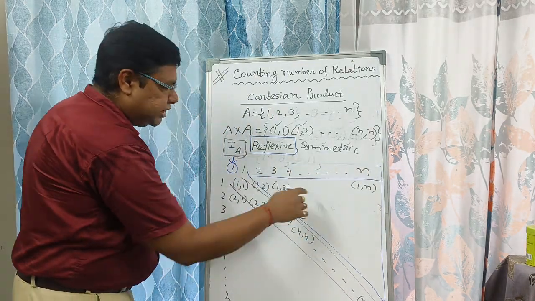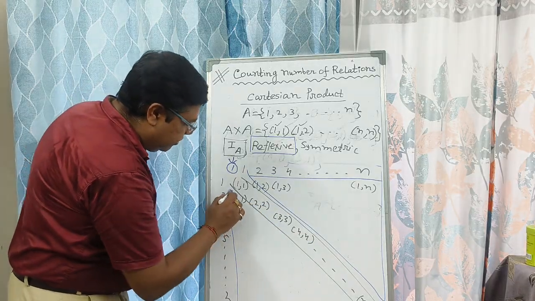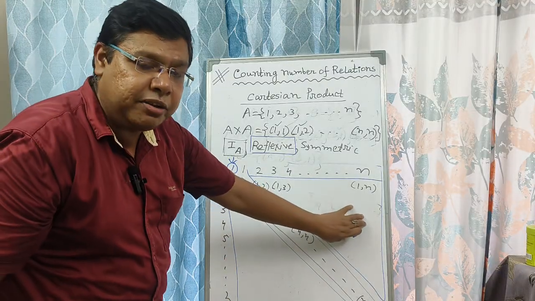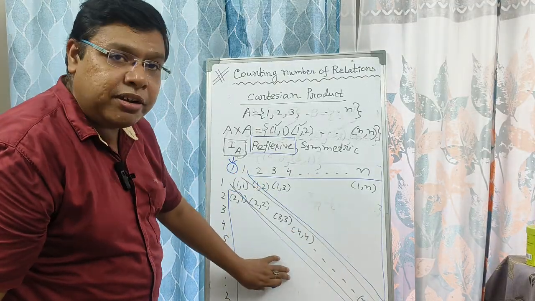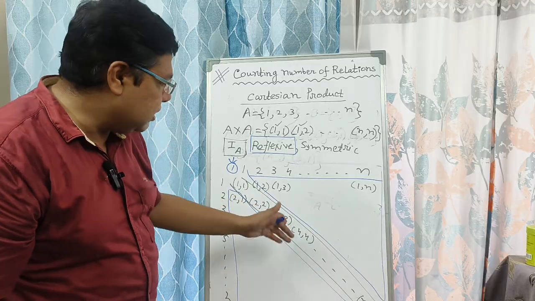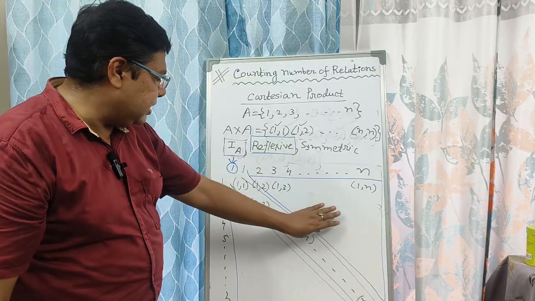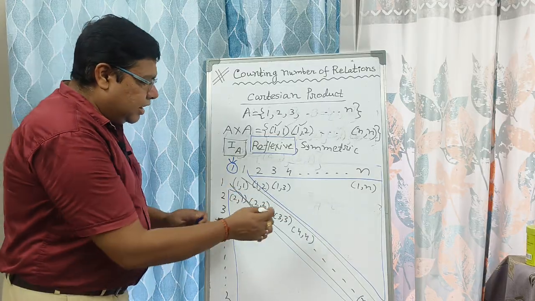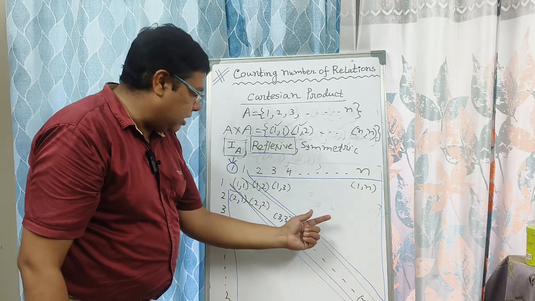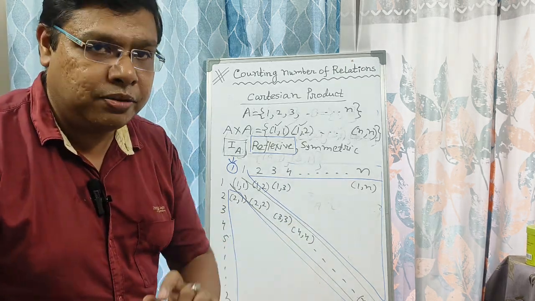This side you have extra in this triangle, and this side also you have extra pairs which are not this type. Not this type means, in the pair, the first element and second element are not equal.